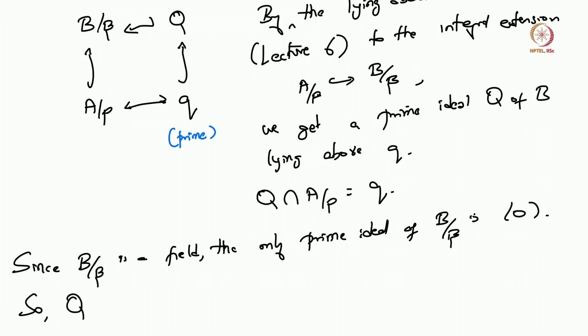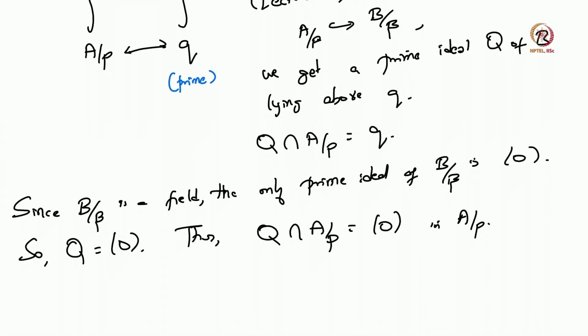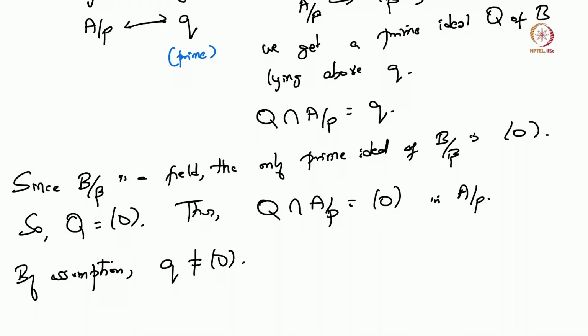So this big Q must be the zero ideal, and so if you just intersect the zero ideal with A over P, you should get back the zero ideal in A over P, but by assumption little q was not 0. Okay, so this is the contradiction.